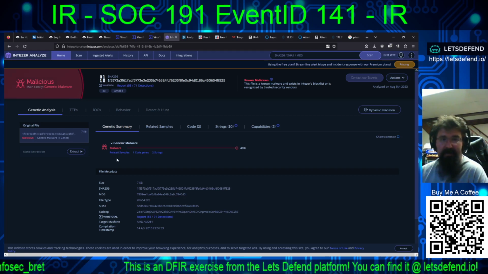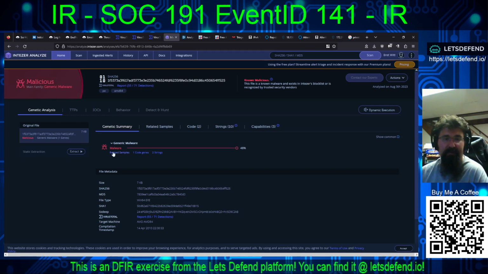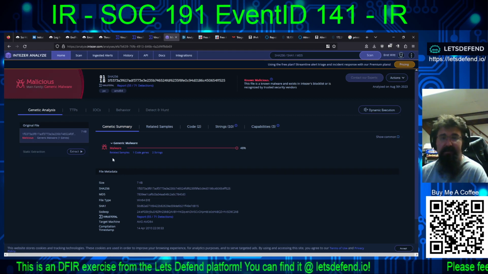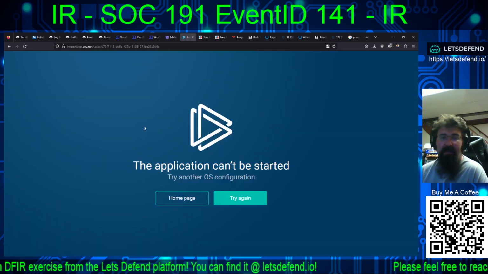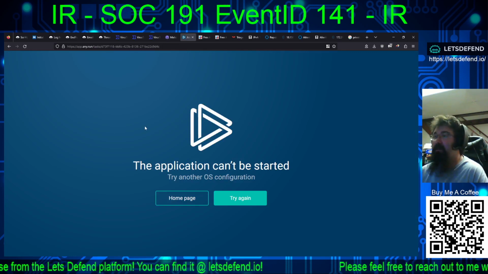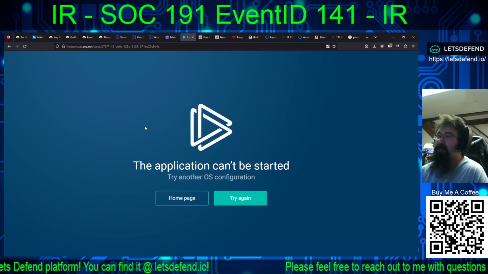Okay, so I dumped the SCR file into the sandbox just to confirm. Not that it's a giant shock. Yes, it is marked as generic malware. I tried to dump it into any.run, but because I have a free account, I can only get a 32-bit version of Windows 7.